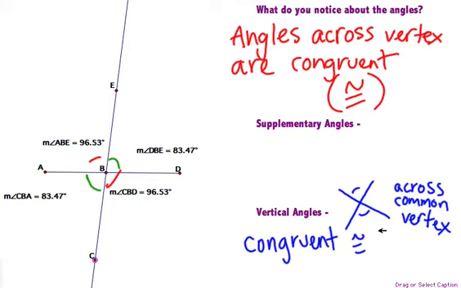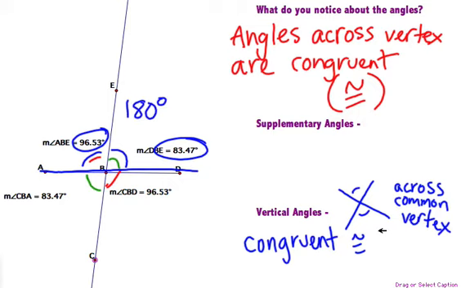Now remember, we already learned about supplementary angles. Supplementary angles are when you have a straight angle like that, with 2 angles making it up. Look, this and this. If I add those up, what do you think I'm going to get? 180. So no matter where I move this to, these 2 angles next to each other add up to 180. We already talked about this one, but we'll do it again just to reinforce. They're angles that add up to 180.